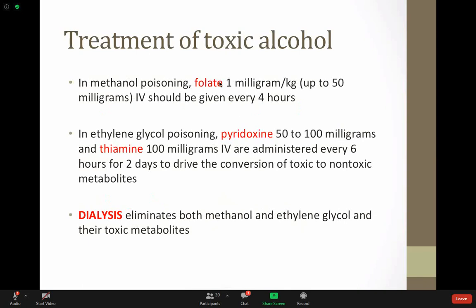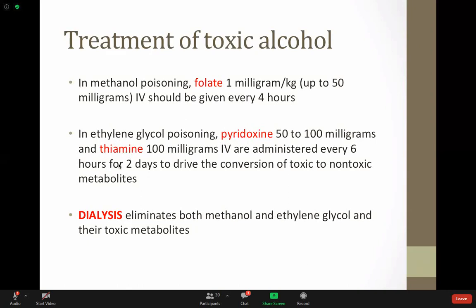Additional treatments for formate, which comes from methanol. For formate, we give folate. It's a cofactor that helps change formate into water, and then it gets excreted in the urine. For ethylene glycol, we give pyridoxine and thiamine.